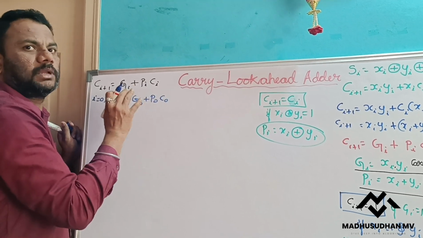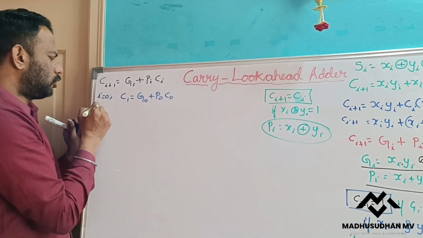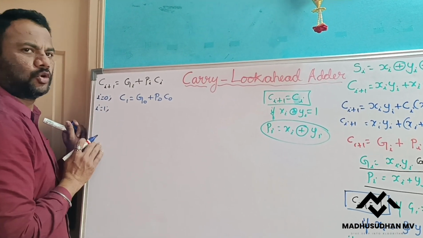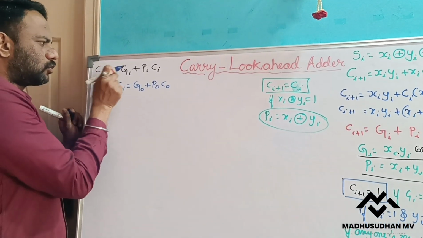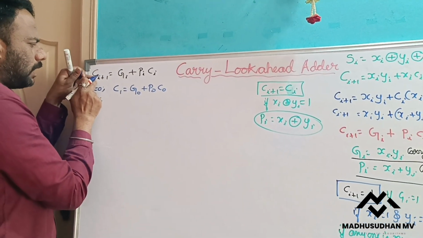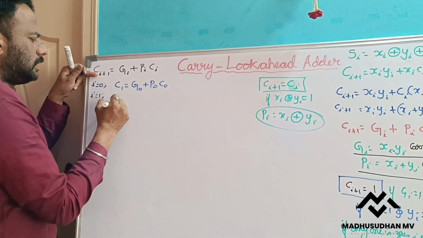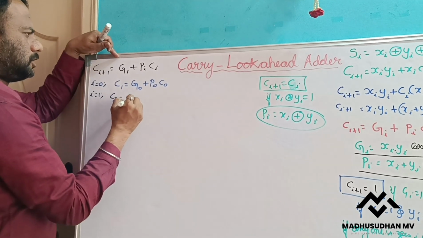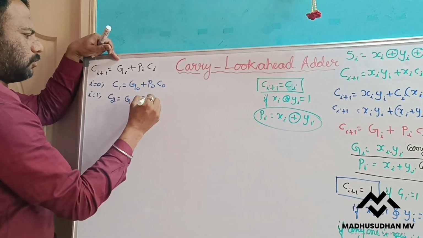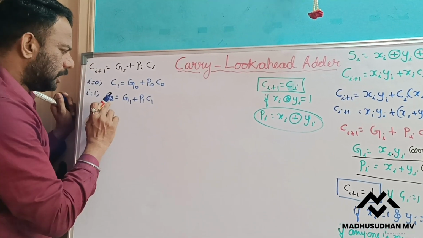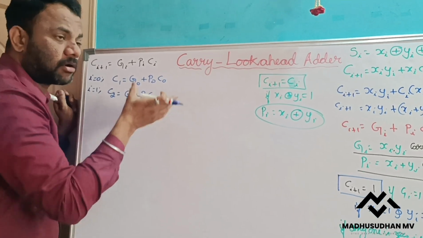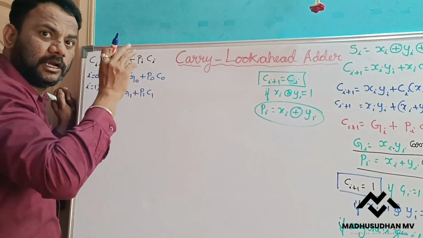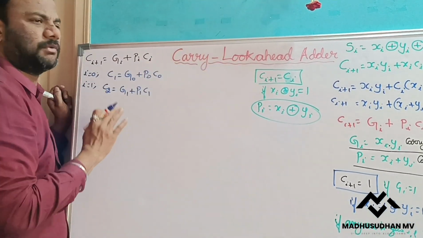Now let us see the equation for C2. So C2 means what? I will put i is equal to 1. When I put i is equal to 1 in this equation, 1 plus 1, 2. That is C2 is equal to G1 plus P1 C1. C2 is depending on C1. Yes, according to the ripple carry adder, C2 is depending on its previous stage, that is C1.